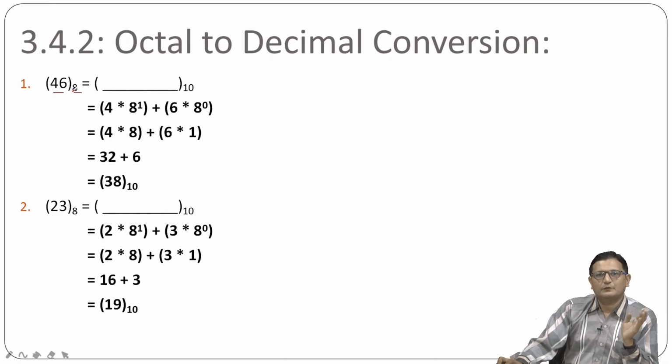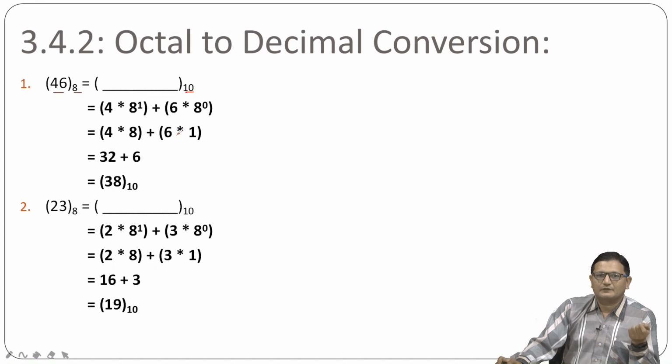Now suppose we want to convert it into decimal, right? In the previous example we took a decimal number and converted it into octal. But in this example you have an octal number and you are converting it into a decimal number, right? So here there is a fill in the blanks and 10 is given, meaning you just need to convert this number into decimal form.